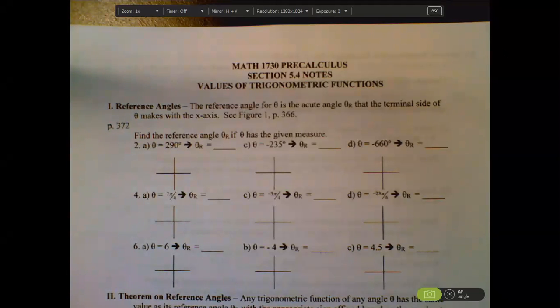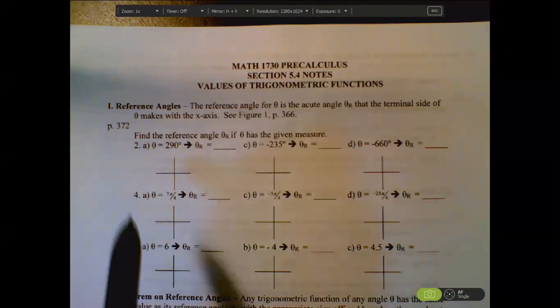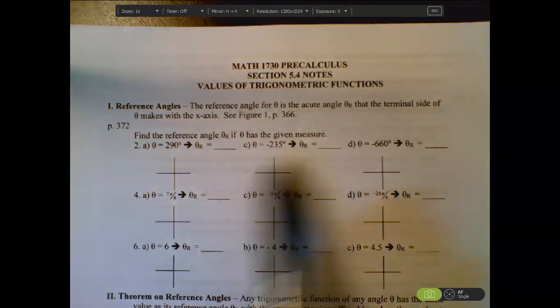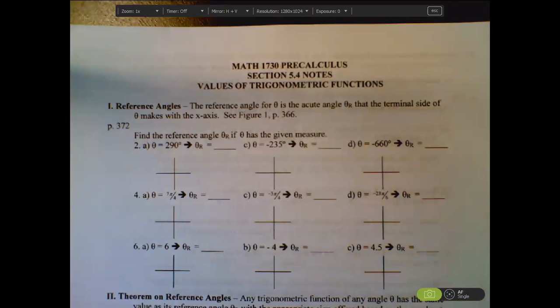5.4 was pretty straightforward, and I don't want you to worry a lot about reference angles. I just want you to know that if you can figure out the coterminal angle for any of these angles and in what quadrant they lie, all the coterminal angles have the same trigonometric functions with appropriate signs affixed.